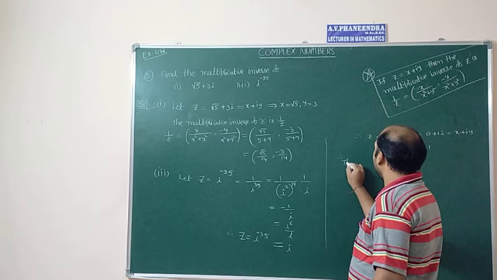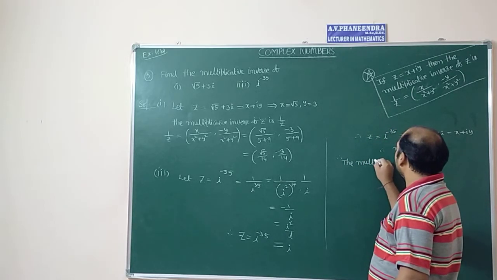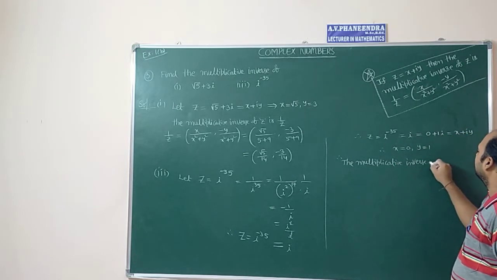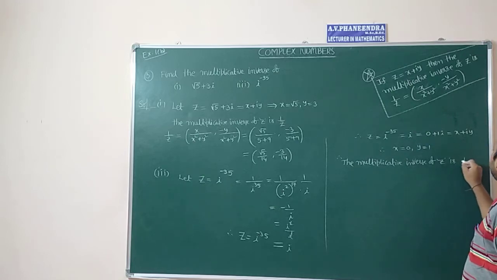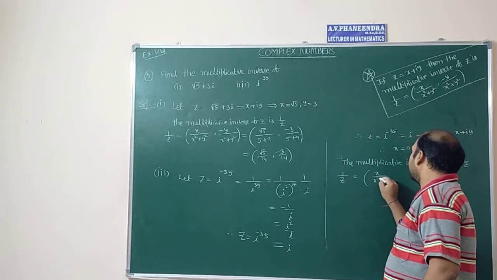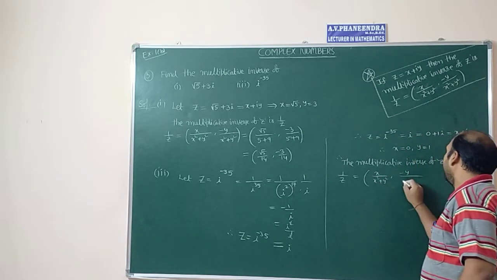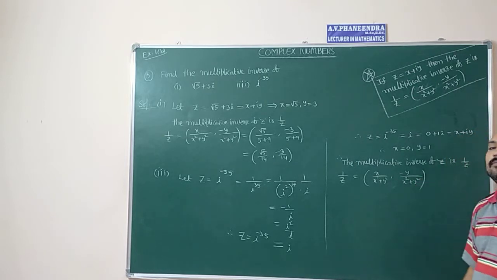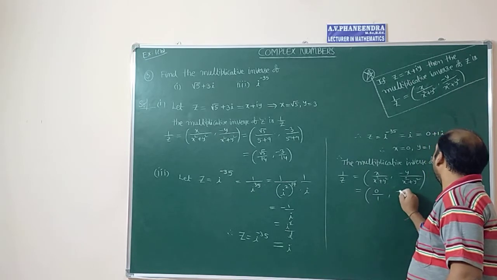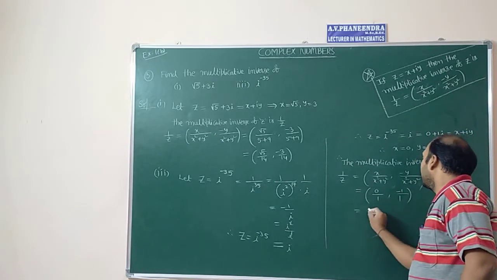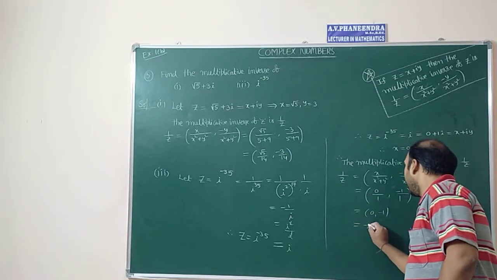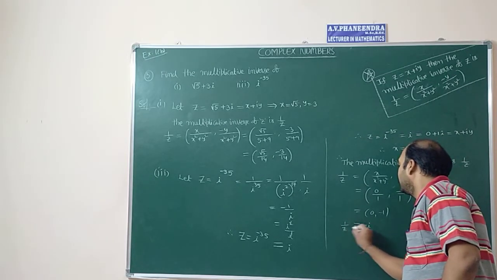Therefore, the multiplicative inverse of z is 1 by z, and write the formula. 1 by z is equal to x by x square plus y square comma minus y by x square plus y square, which is equal to 0 by 1 comma minus 1 by 1, which is equal to 0 comma minus 1. You write as a complex number, that means minus i.